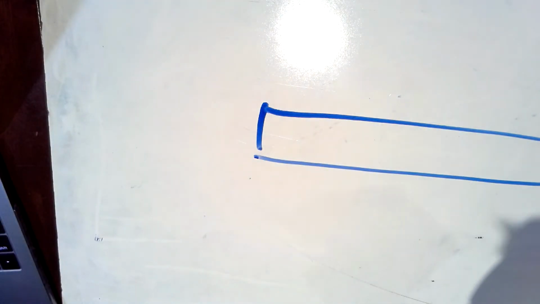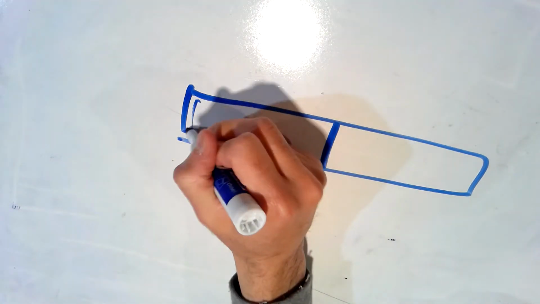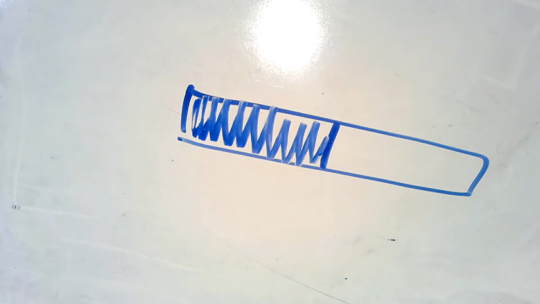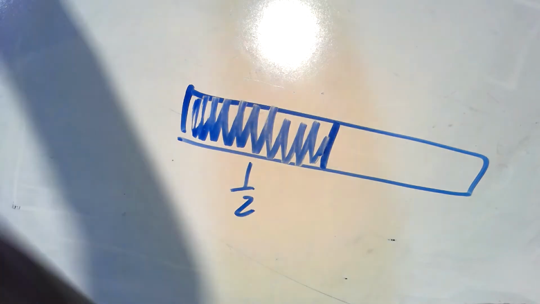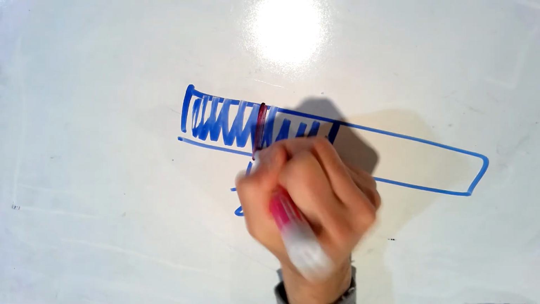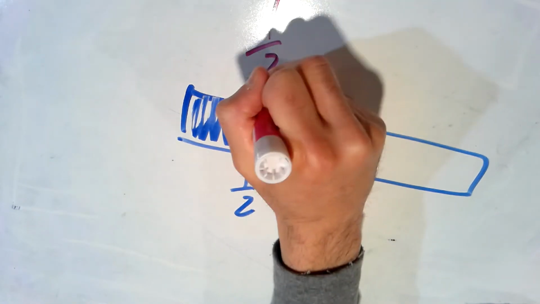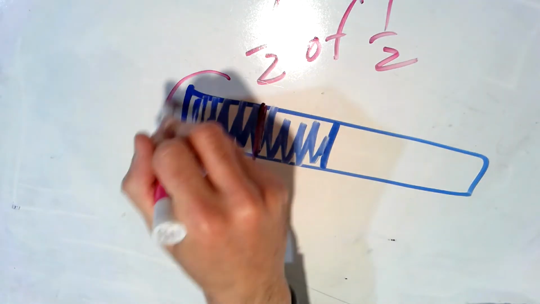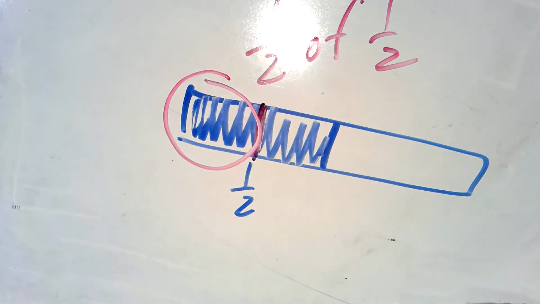And that's the same thing that you'll see with fractions today in our lesson. So for example, I'm going to take this big fraction bar, and if I wanted to cut this in half, I've just cut it in half. And I'm going to shade in half. We all agree that I have 1/2 shaded in. But if I wanted to find half of that half of the shaded amount, I would cut that 1/2 in half. And so half of 1/2 is this amount right here, which we can clearly see is 1/4.